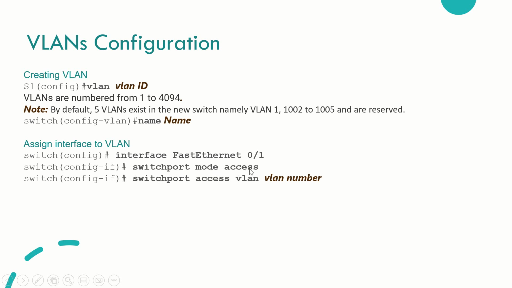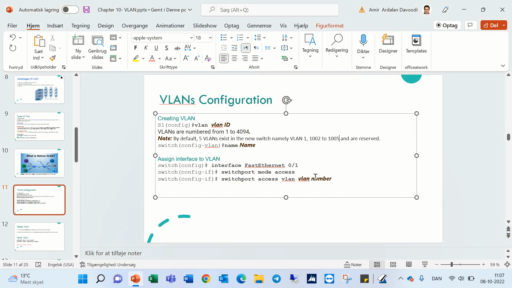In the next video, we talk about that. What is access first? And also this command, switchport access vlan, and what is the VLAN number that you have configured here? VLAN 10, VLAN 20, VLAN 4, 5, 1000 is up to you.